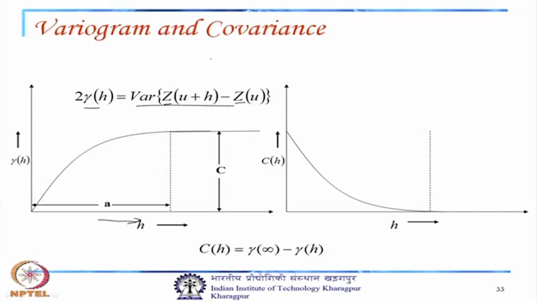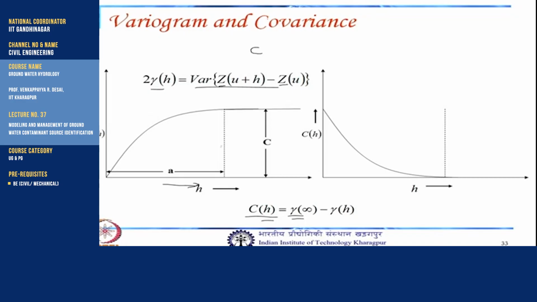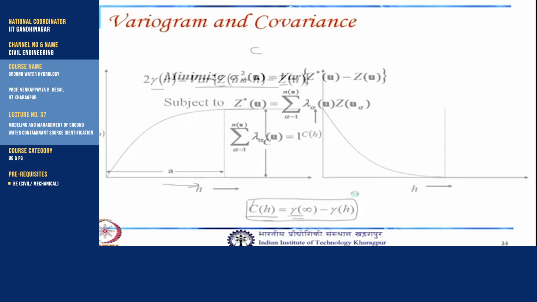For our case, we can calculate it using concentration values. C is the covariance, and covariance is related to gamma infinity, which is a constant value, minus gamma of h. We can use this expression for our calculations.